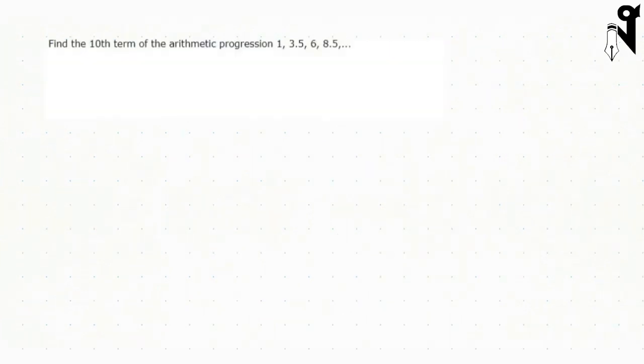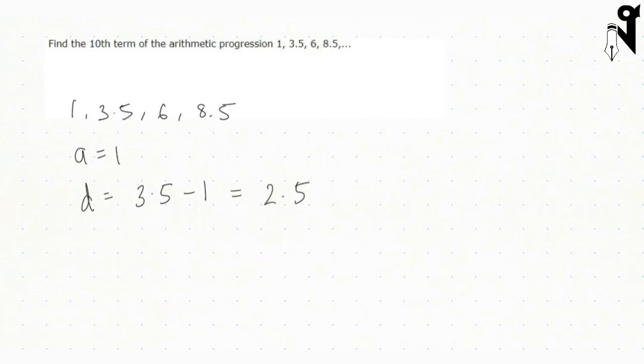Okay, so this question is: find the 10th term of the arithmetic progression 1, 3.5, 6, 8.5. I'll write the sequence down again. We know that the first term A is clearly 1. Let's find the common difference D. I take the difference of the second and first term, 3.5 minus 1, which is 2.5.